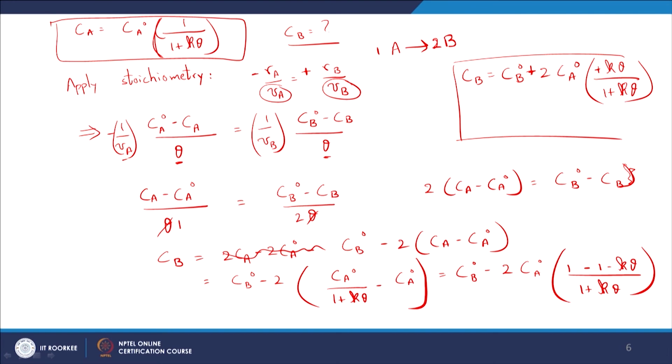So let us try to wrap up this session for today. What have we been looking at in today's class? We have been trying to apply the case with respect to an irreversible reaction, pardon me. So we have been looking at A goes to 2B, and we looked at applying it for the batch, for the plug flow, and for the CSTR.